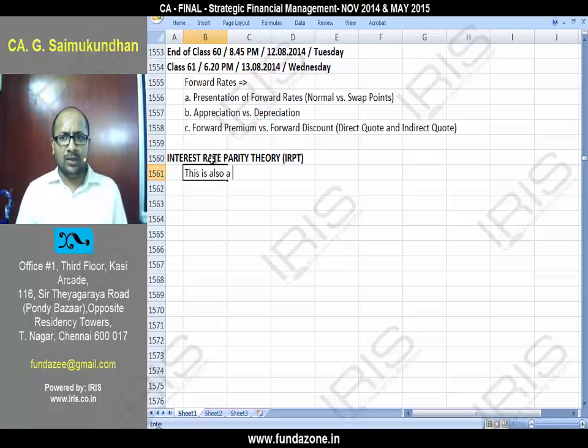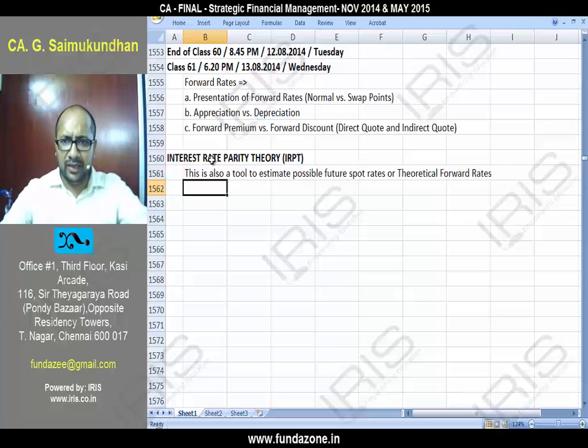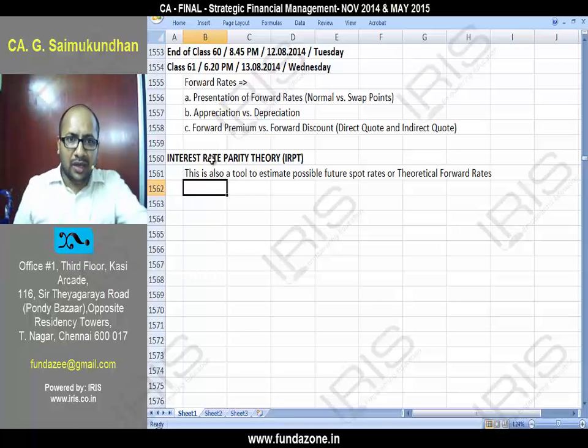This is also a tool to estimate possible future spot rates, or also the theoretical forward rates. Ultimately, the theoretical forward rate is nothing but what could potentially be the future spot rate in your judgment, and that is what we consider a more appropriate or ideal exchange rate for the theoretical forward.